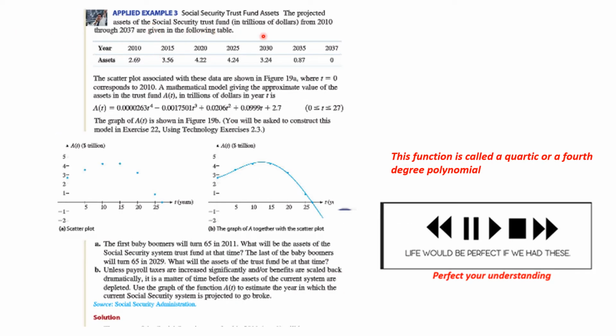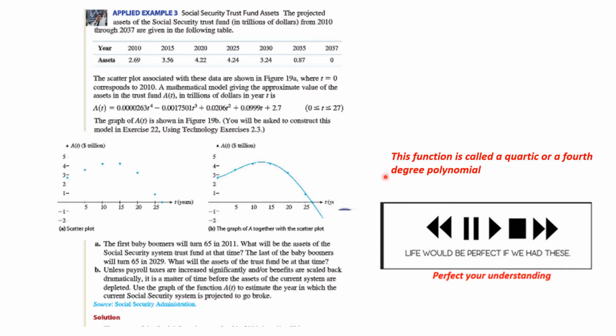This example deals with the Social Security Trust Fund assets, and it shows what assets the fund has over the years. So we draw a scatter plot of that data and we do a curve fit. Now this curve fit involves t raised to the fourth power, where t equals 0 corresponds to 2010.